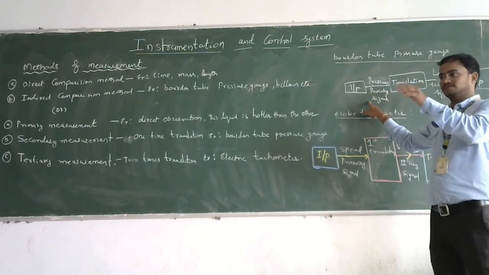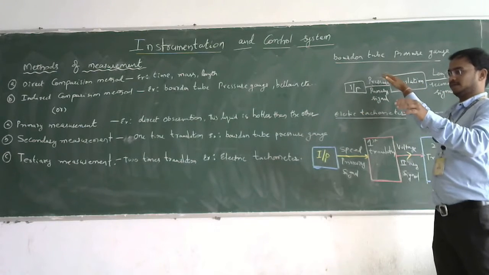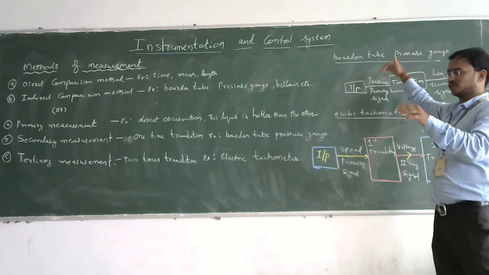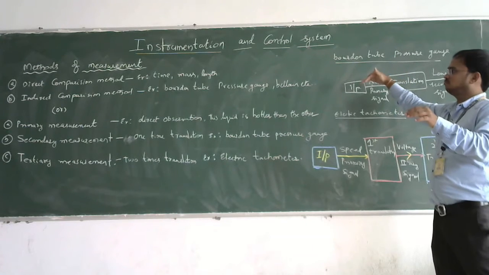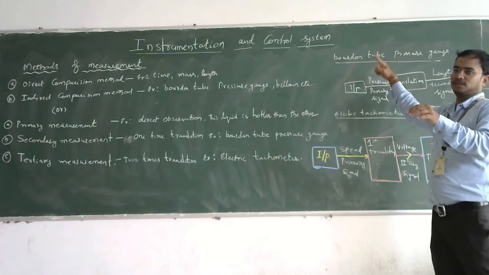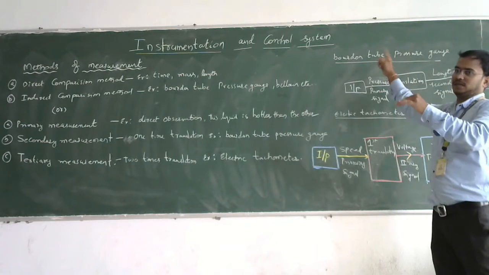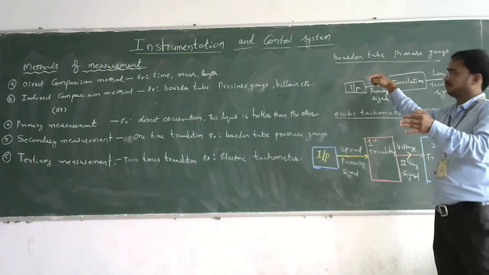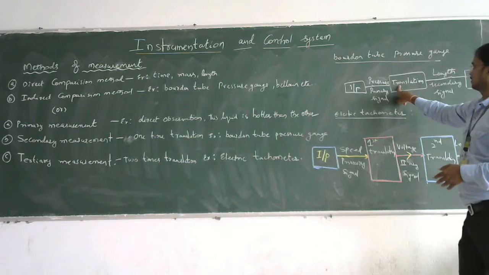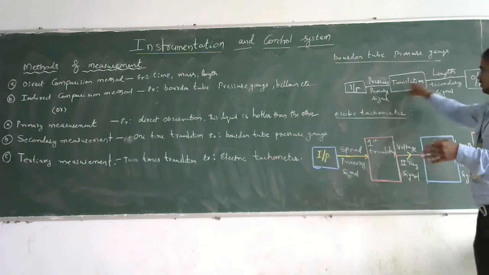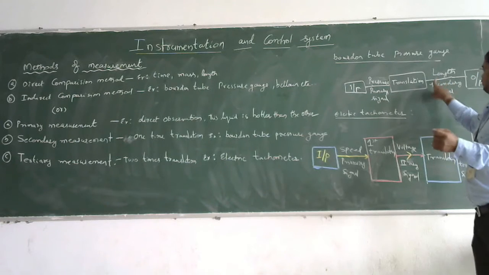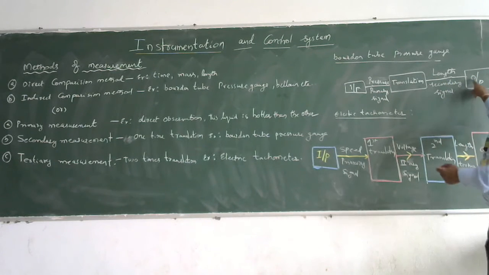If the pressure is high, the distance will increase, and the pointer will move due to motion conversions, translatory to rotary. If it is high, higher movement; if low, lesser movement. In the final conversion, pressure is translated to length, that is the secondary signal, and we get the output over the indicator.